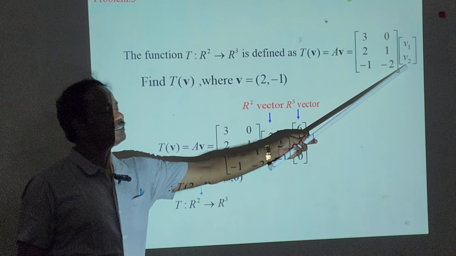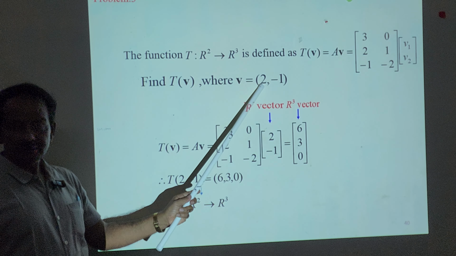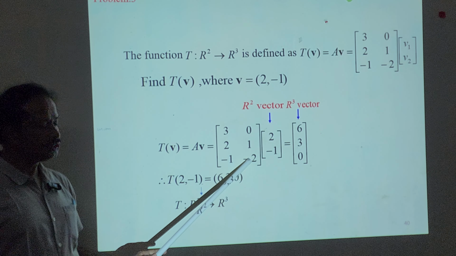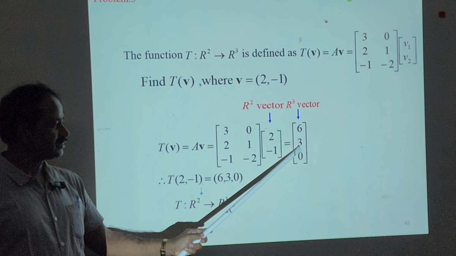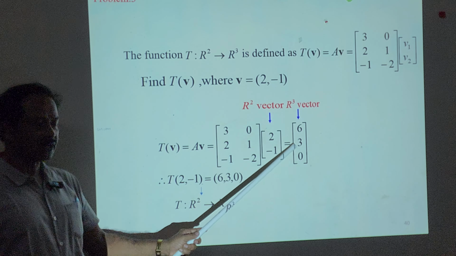So apply this one. You have AV. This is your A, and V is given as (2, -1). You just have the matrix multiplication, which will give you (6, 3, 0). This is the column vector; you can write it as a row vector.